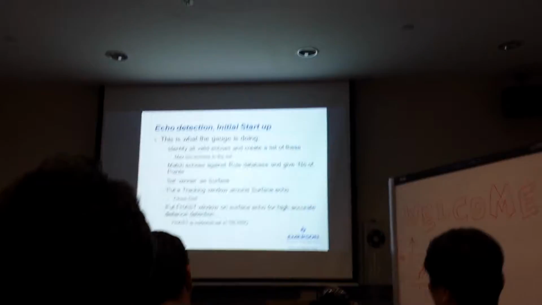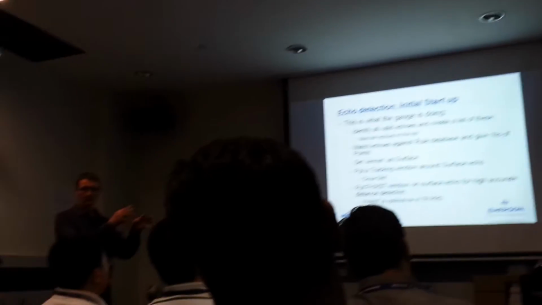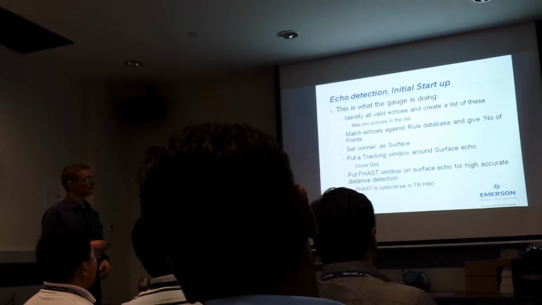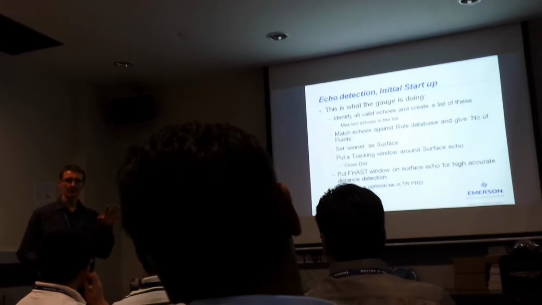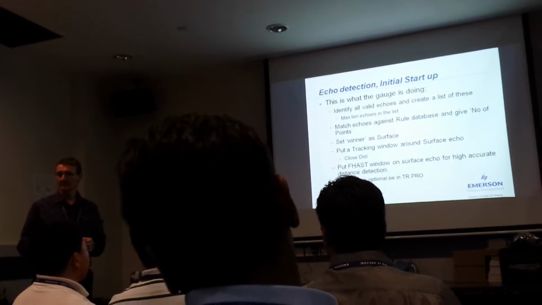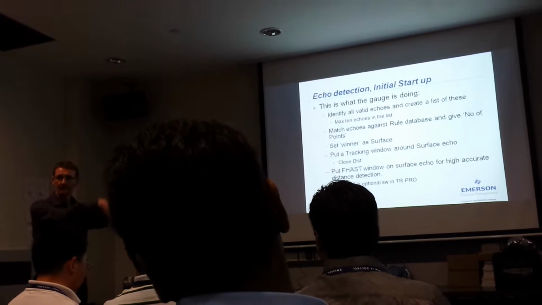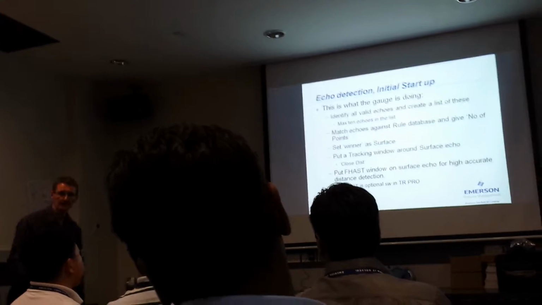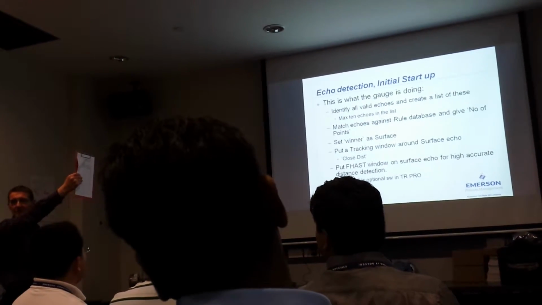And then it will create a list of all the echoes it will find, put this in this echo validator, you can say. And for each echo, it will look at the quality of this echo and then give, let's say, a number of points. It's like in a swimming competition, with the ladies jumping down to the pool, and the judges sit there: 3 points, bad jump.